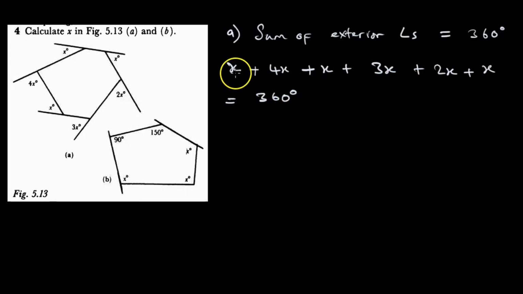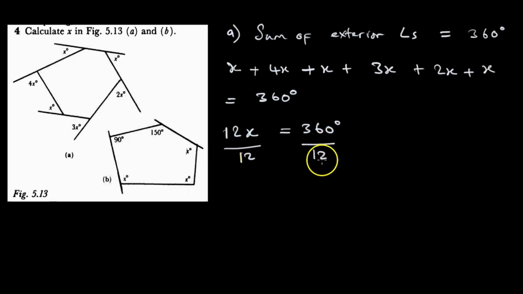Then we do the addition. x plus 4x is 5x, plus x is 6x, plus 3x is 7, 8, 9x, then 10, 11x, 12x. So 12x is equal to 360 degrees. Of course, to find x we are simply dividing by 12. So what is 360 divided by 12? It's 30. So x is equal to 30 degrees.